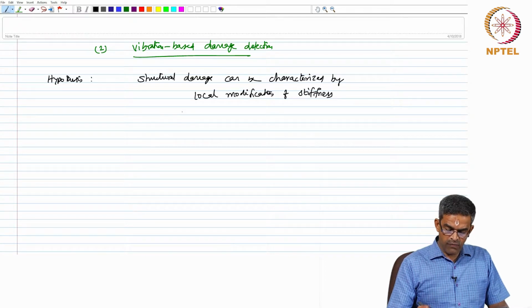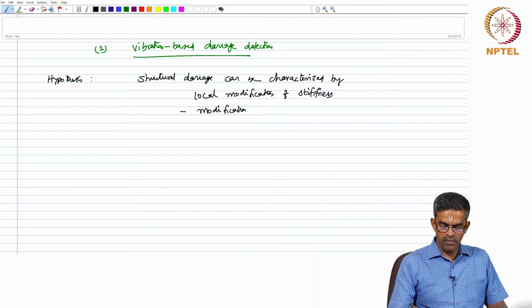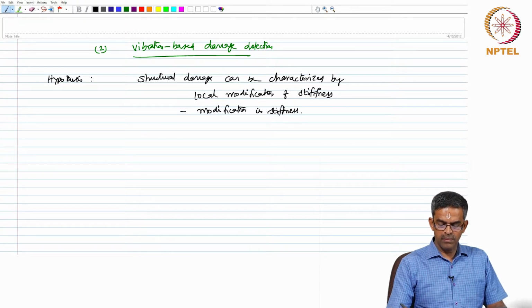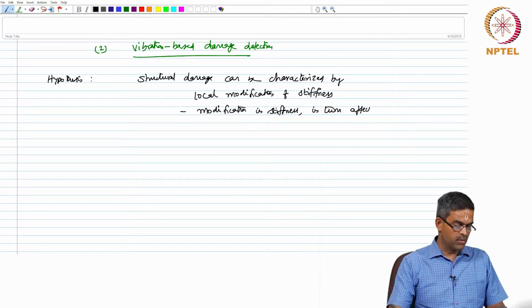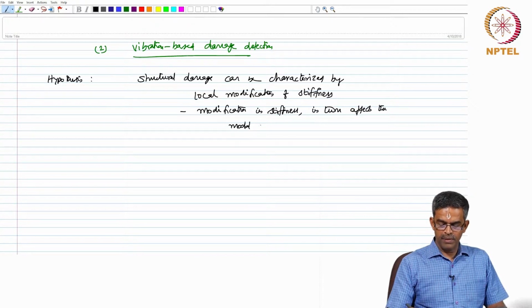The change in stiffness or modification in stiffness in turn affects the modal parameter.